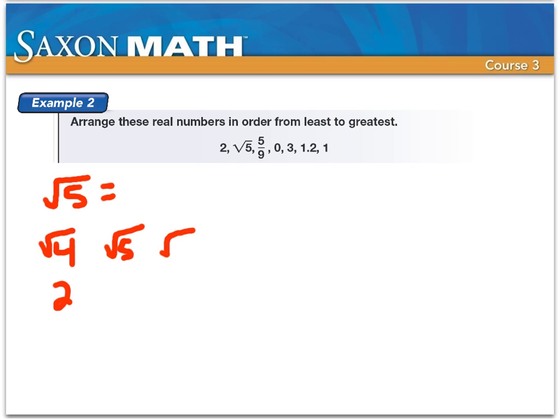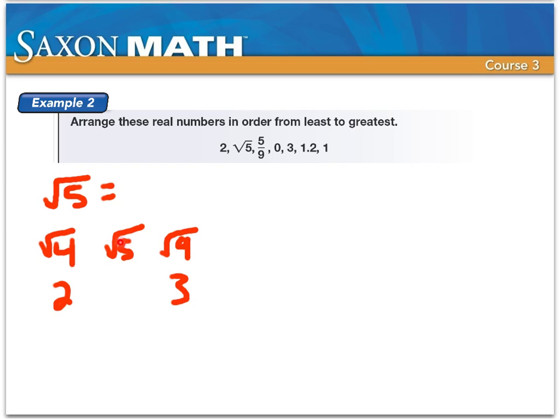That would be 9. The square root of 9 is 3. So the square root of 5 is between the square root of 4 and the square root of 9, so it has to be between 2 and 3. It's going to be some decimal in there.